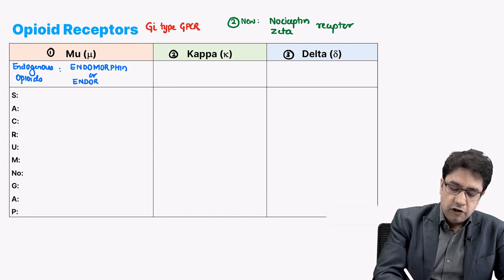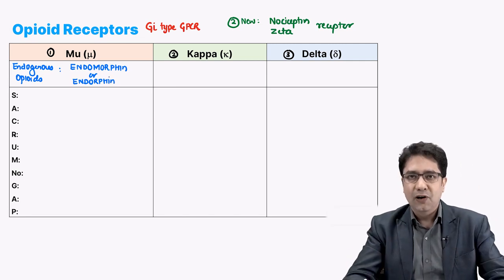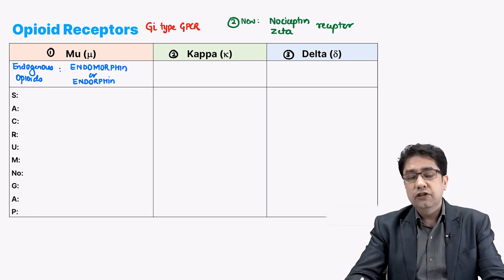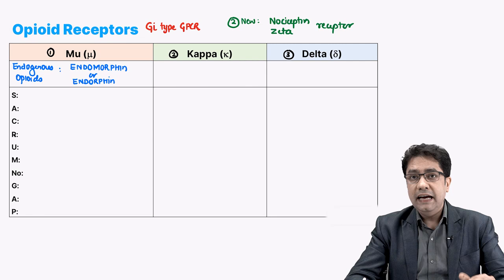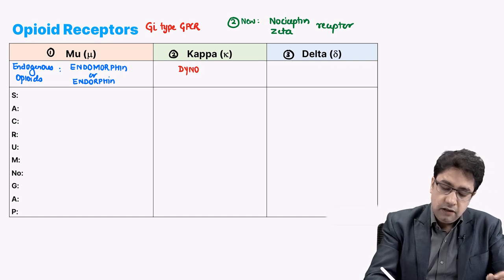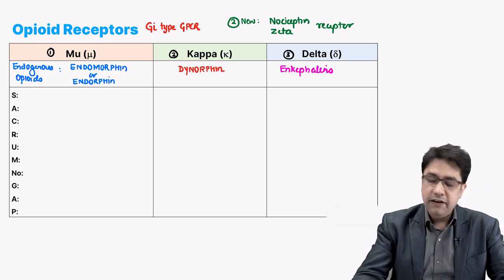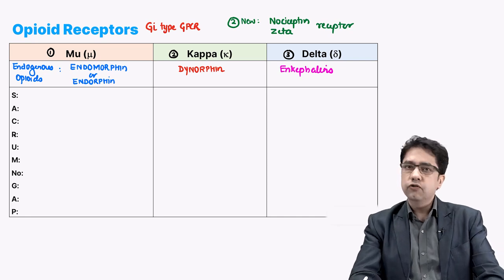So these are opioids produced inside the body. Endo means inside, a morphine-like molecule. The molecule produced in our body that acts on the kappa receptor is dynorphin. So endorphin acts on the mu receptor, dynorphin acts on the kappa receptor, while enkephalins act on the delta receptor, and enkephalins are also endogenous opioids.